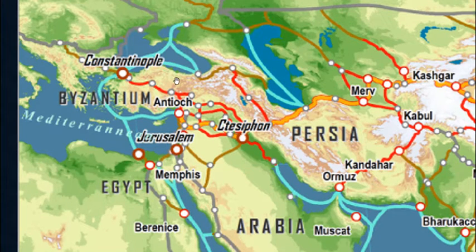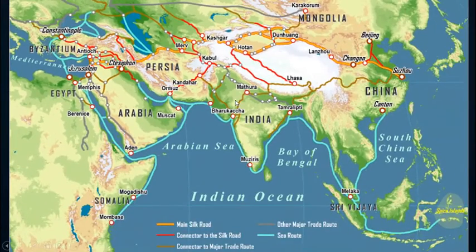So this first map shows that the first wave of products sent to Europe went westwards.